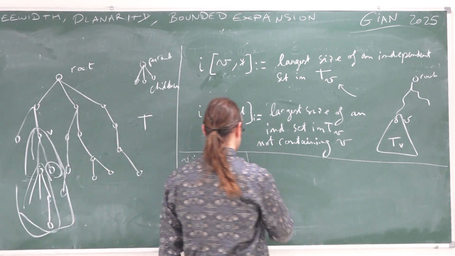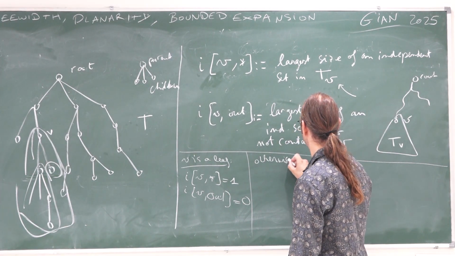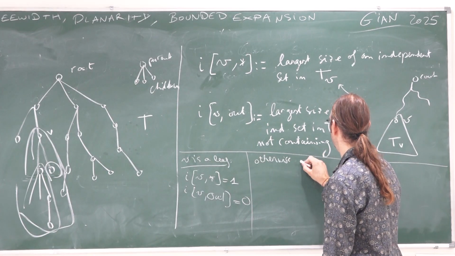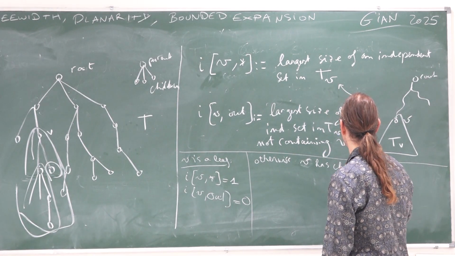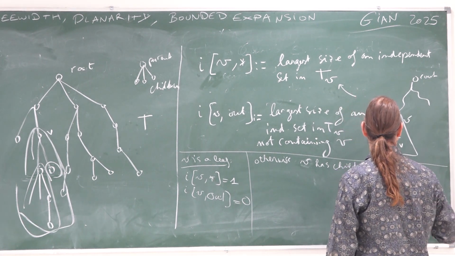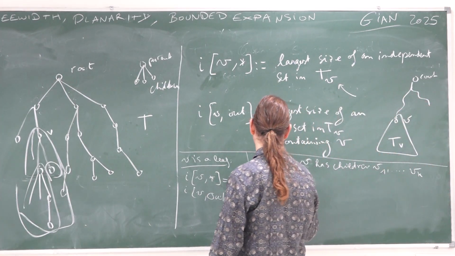Okay. And otherwise, let's say V has children V1 to Vk.